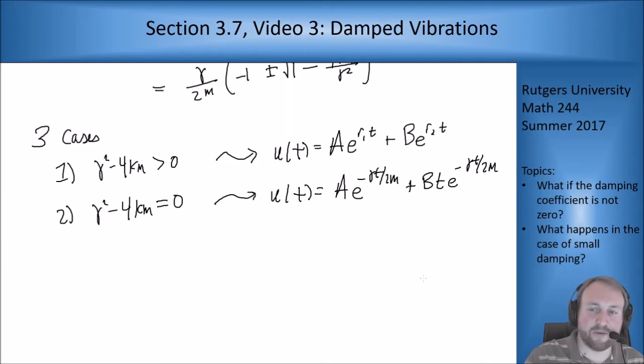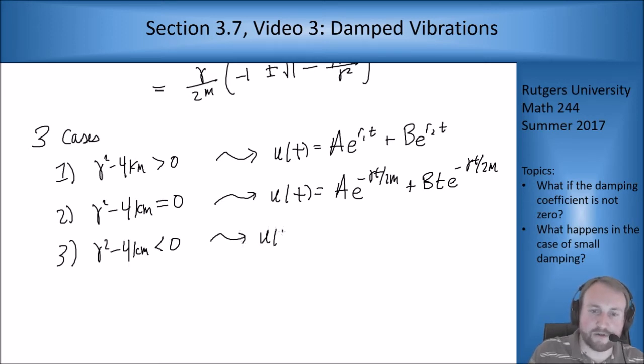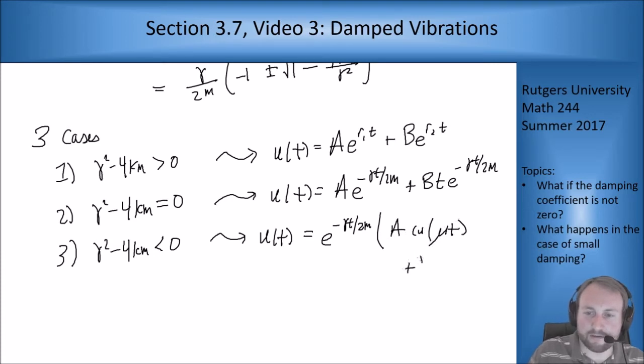And finally, we have probably the most interesting case of the three, the last one, when you have gamma squared minus 4km less than 0. This is when we're going to get oscillation. Our u of t is going to be, because this gives us imaginary numbers, e to the negative gamma t over 2m, that's still our real part, times a cosine of mu t plus b sine of mu t, where I'll write out what that mu is.